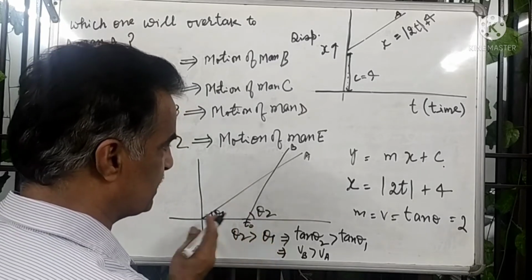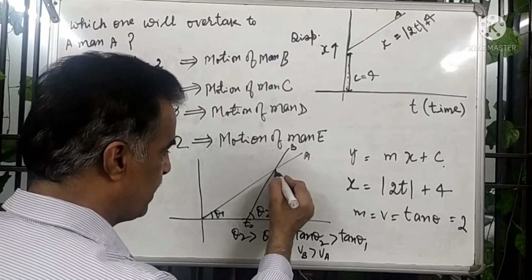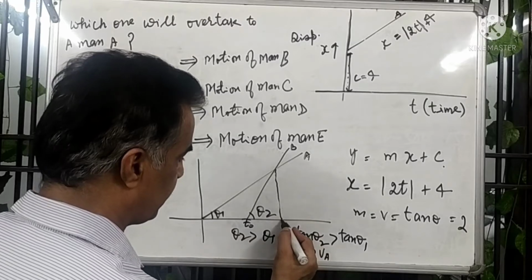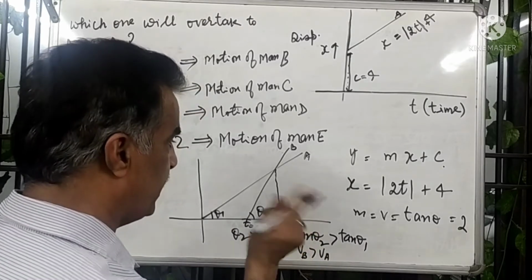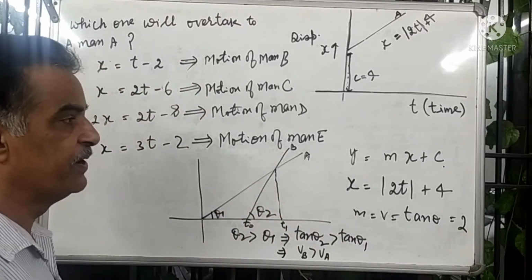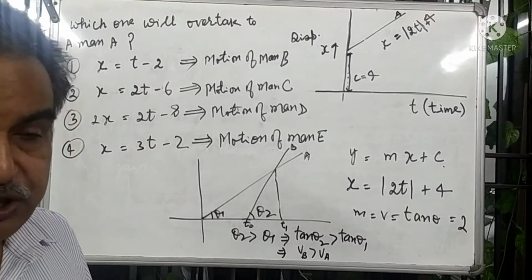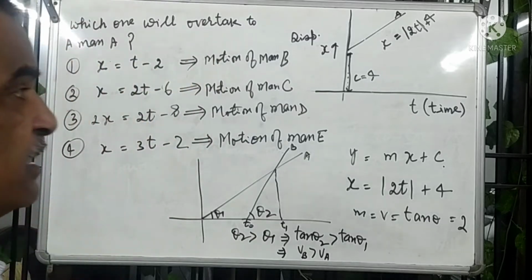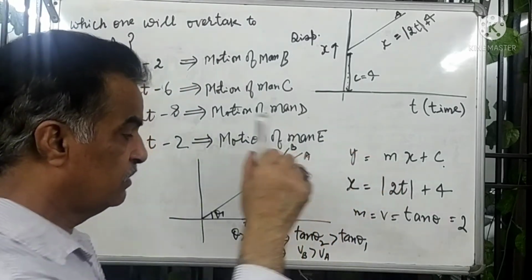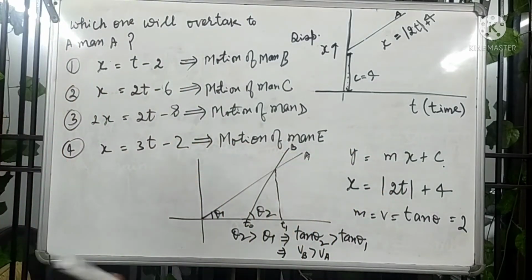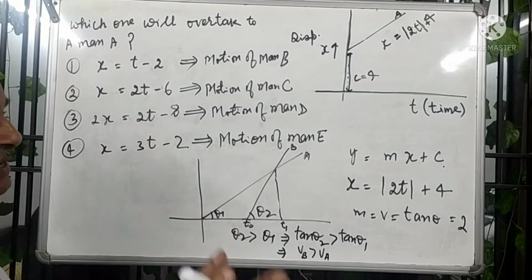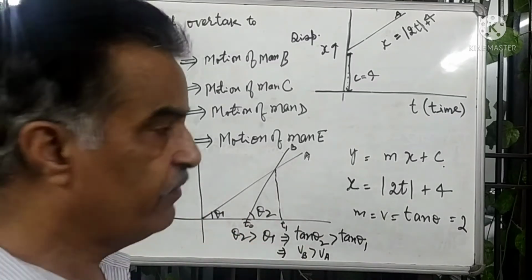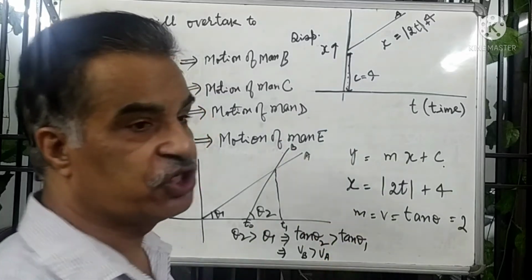After time t naught A starts running, but at time t1 A is overtaken by B. So the person whose velocity is more, that is, whose m or tan theta is more, will overtake person A.